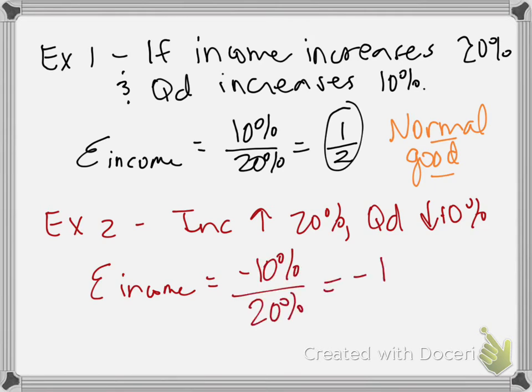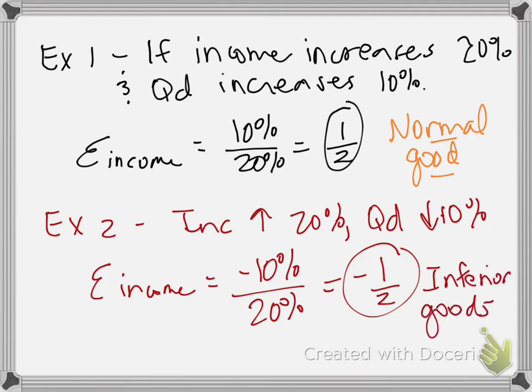And so I would end up with negative 1/2 or negative 0.5, which indicates that this is an inferior good, right? Those cheaper items, used furniture, cheap food, public transportation, those are things that when your income goes up, we often see quantity demanded decrease, all right?